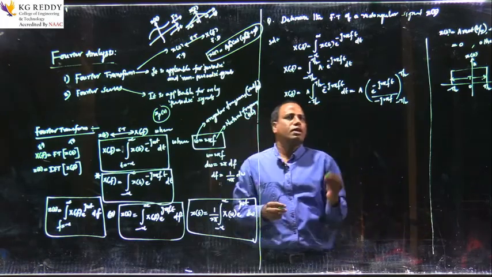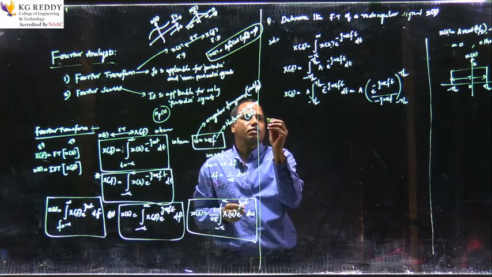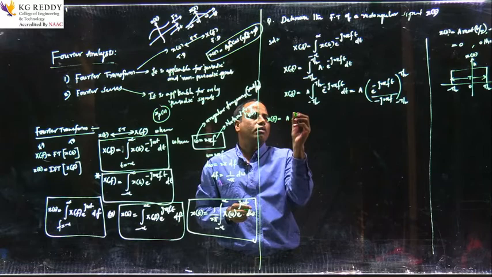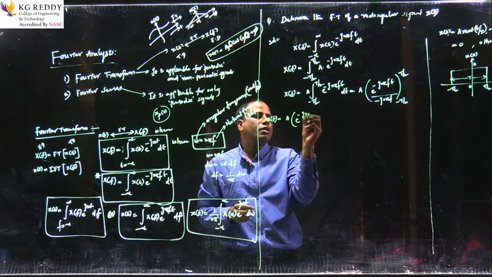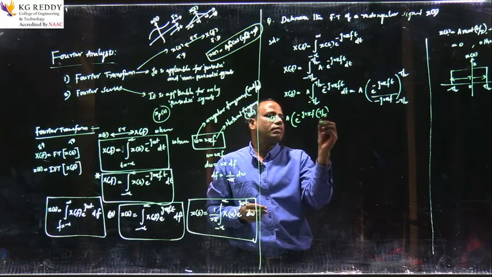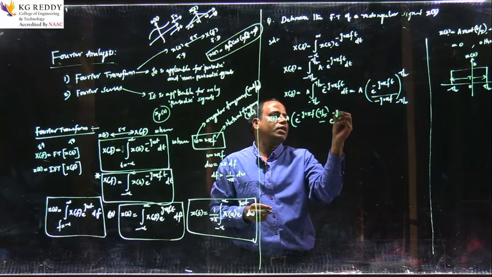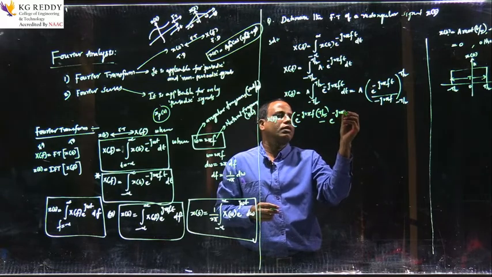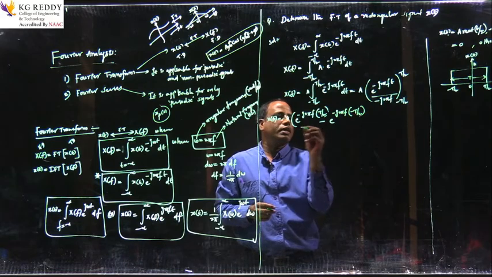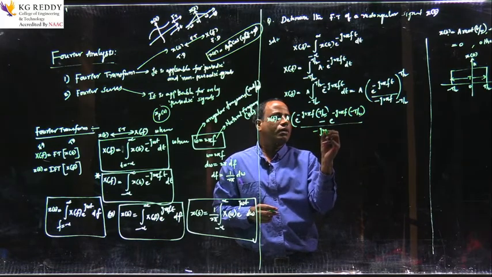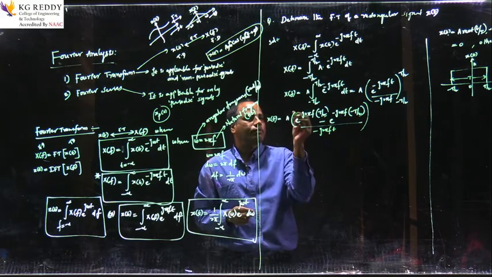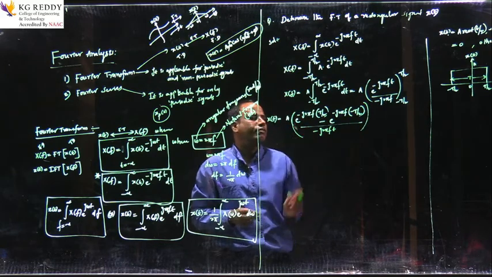Now if I substitute the upper limit, it becomes a into e power minus j 2 pi f T by 2 minus e power minus j 2 pi f into minus T by 2, divided by minus j 2 pi f.